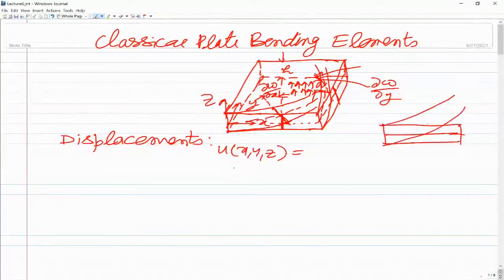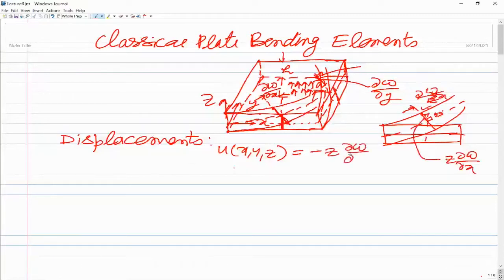Now we take this normal, which remains normal to the middle surface, so this angle remains 90 degrees, but it has rotated by an angle del w by del x, and this distance from the middle surface is z. At any point, this distance would be z into del w by del x. That is the displacement along the x direction. Since this is along the negative x direction, we have minus z into del w by del x.